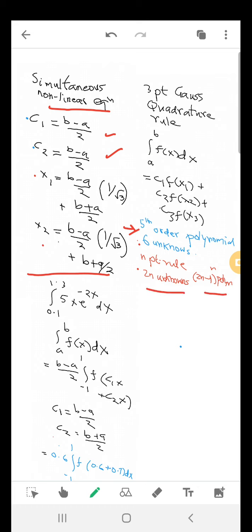Suppose you would like to find out the value of this integral. We put the values obtained from our expressions, so we can easily find the value of this expression, and this comes out to be equal to 0.89. So this is all about the Gauss quadrature rule.